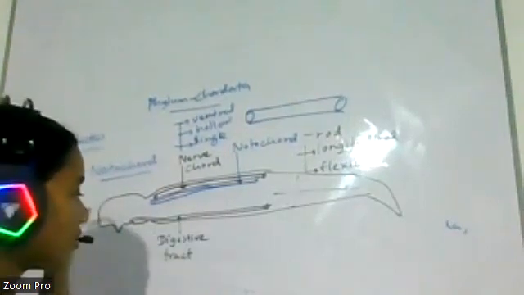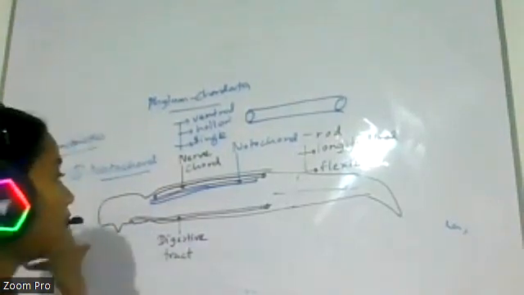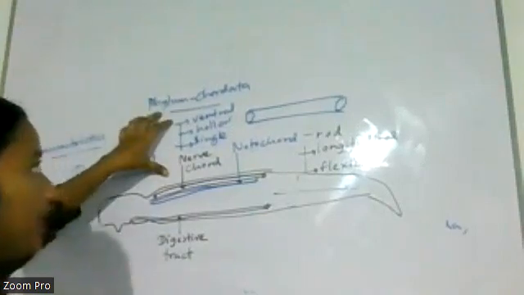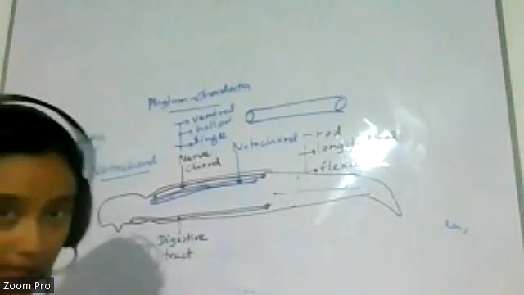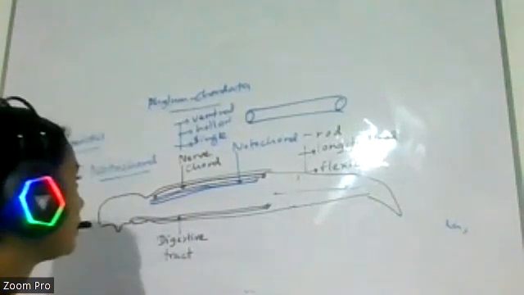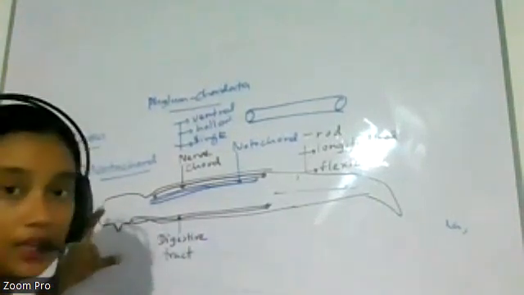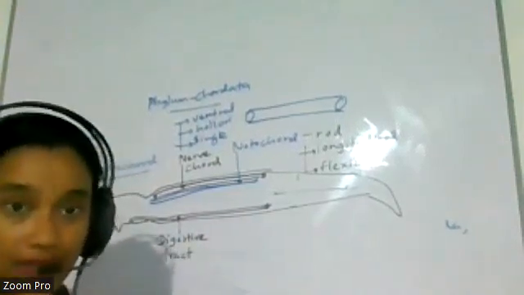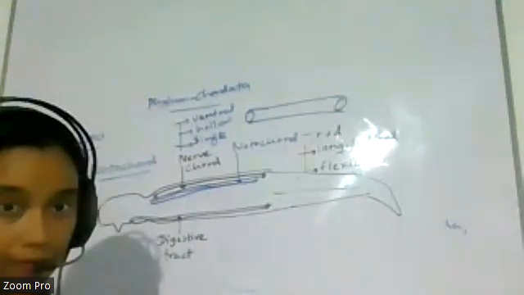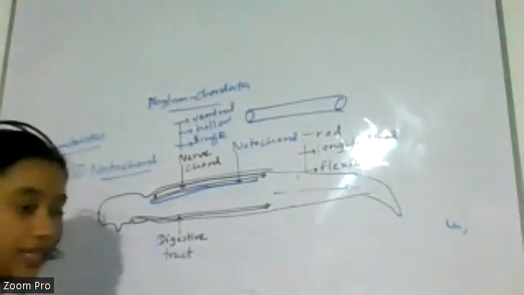Digestive tract is located ventrally. Here the nerve cord is located dorsally. It is the first thing, and the notochord is extended from the anterior to posterior, providing the support in at least the embryonic stage.